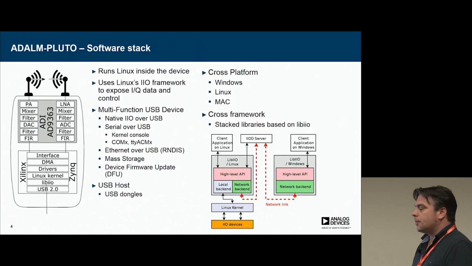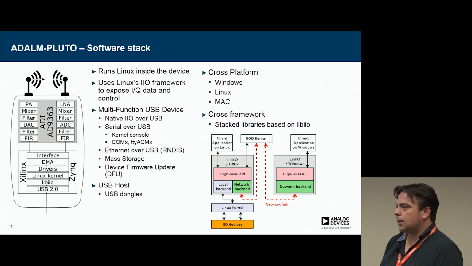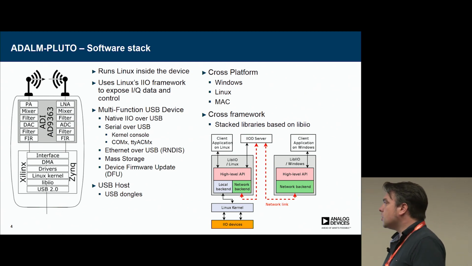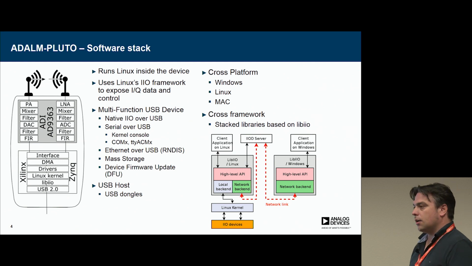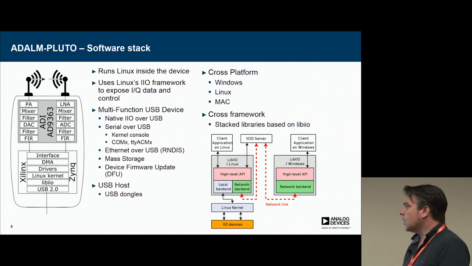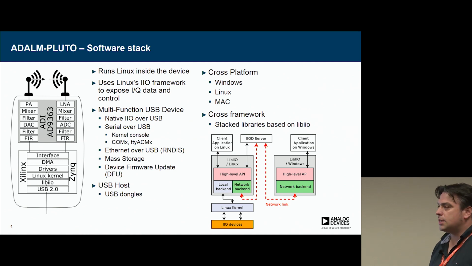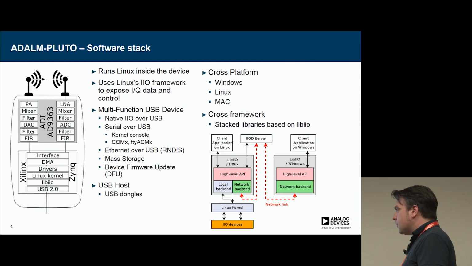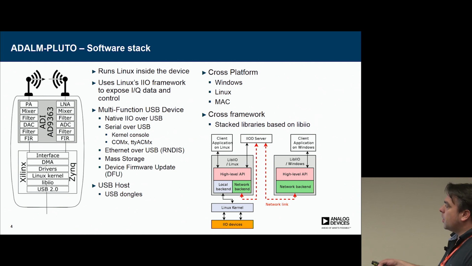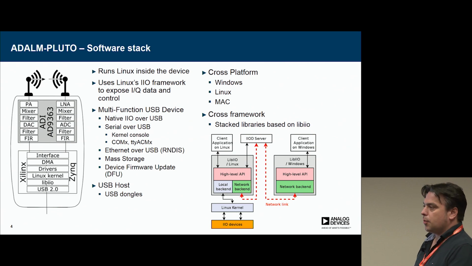So what's inside? It runs Linux, and it uses the Linux Industrial I/O framework to control IQ data and control. As soon as you plug it into your PC, it registers a multifunction USB gadget. So it has multiple functions. One is native I/O over USB. The other one registers a serial console. On your Windows PC, it will be like COMx.